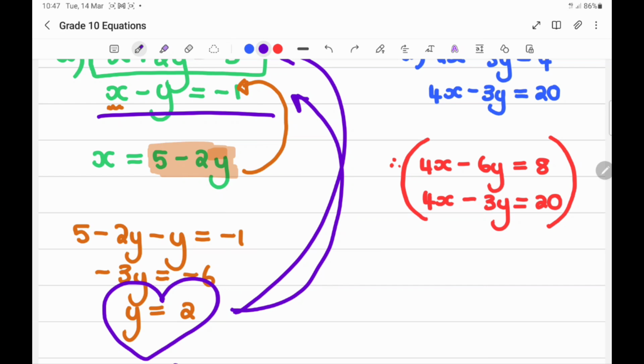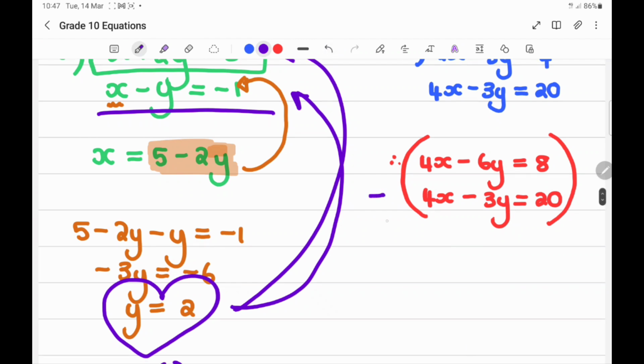So I need to figure out if I have to say 4x plus 4x will make it fall away, or is it 4x minus 4x? Obviously, all of you can see that it is a minus. So 4x minus 4x falls away. But now I need to keep this up. I need to minus the bottom from the top equation.